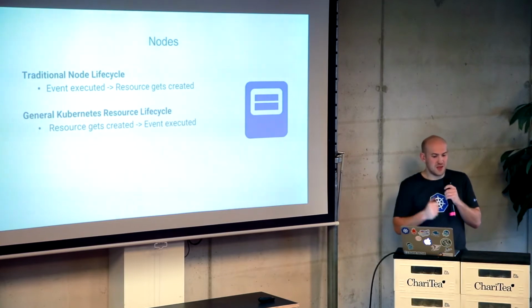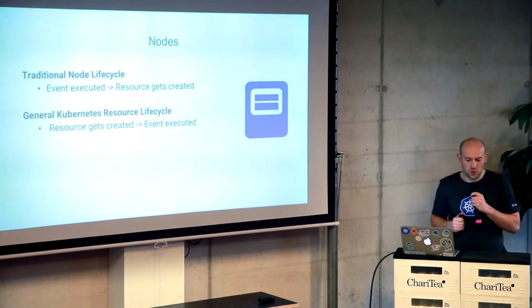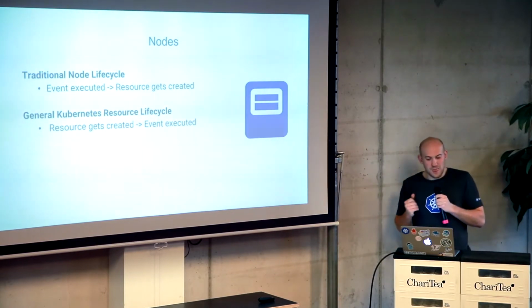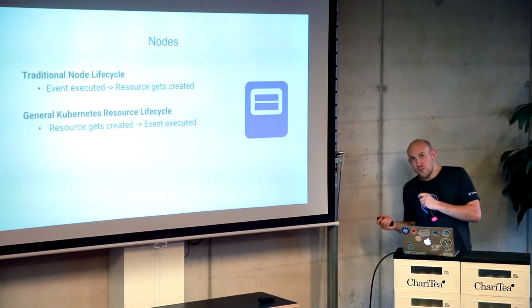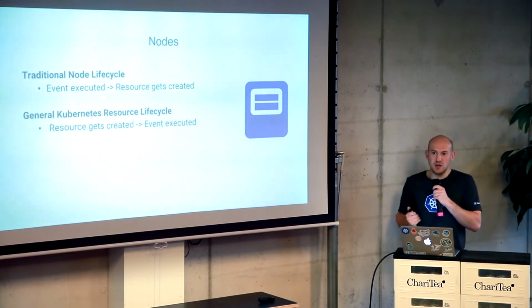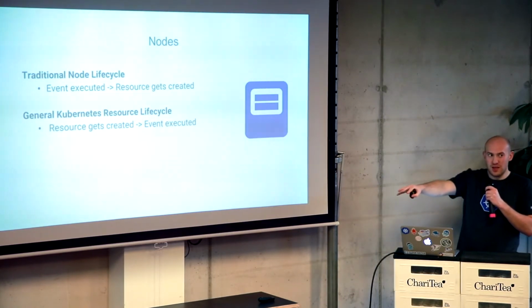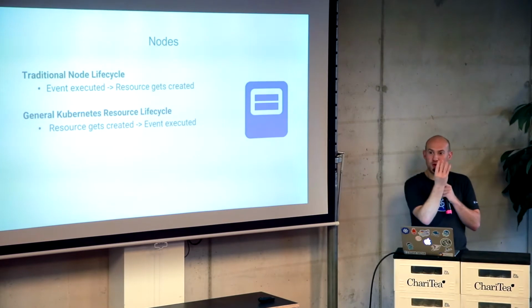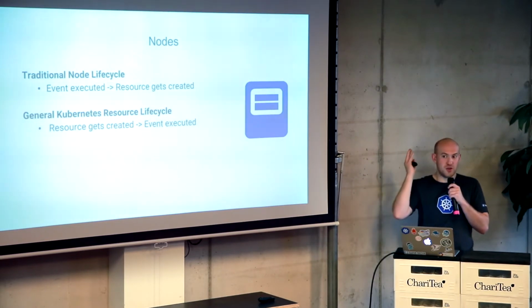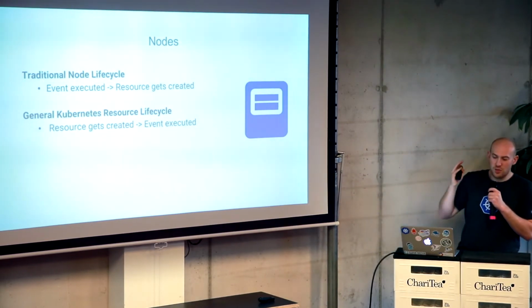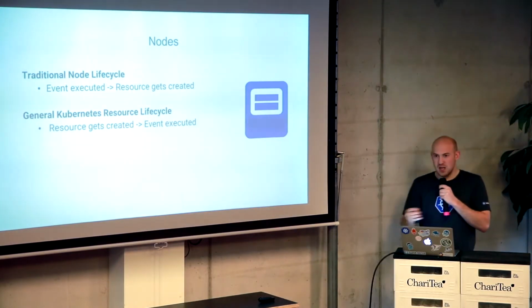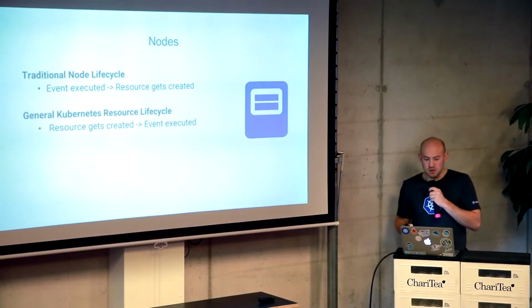The issue is the way that we traditionally treat nodes. Historically, when you've needed a node, you've gone and created the node, and that node has then registered with Kubernetes and said, hey, I'm here, give me some stuff to do. But that isn't how any of the other Kubernetes resources work.